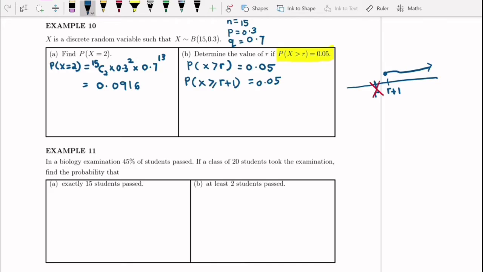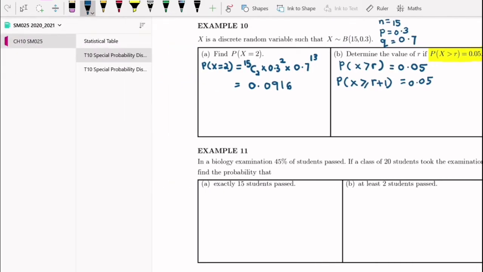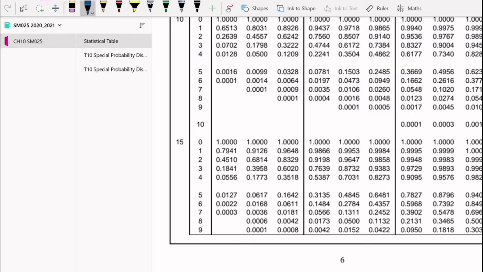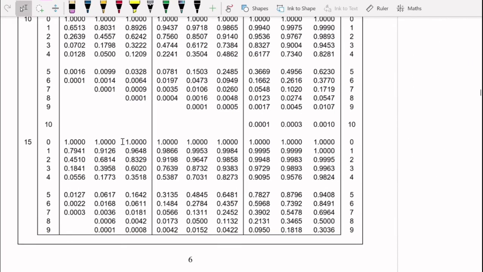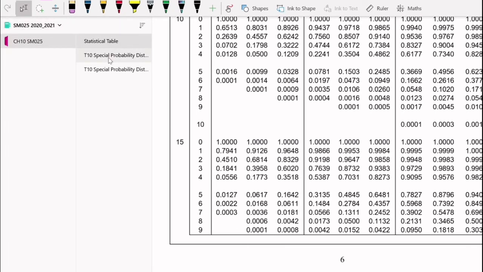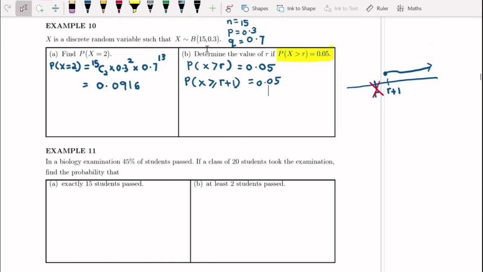So now, let's look at the binomial table, page 6. So this is the binomial table, page 6. Okay, so let's look at the question again. We have n equals to 15 and p equals to 0.3.